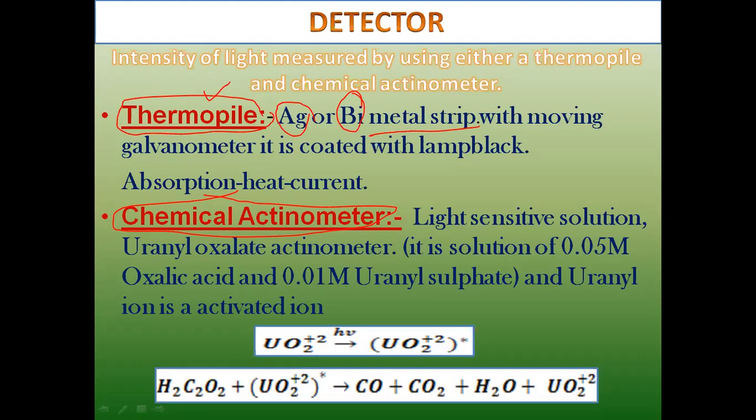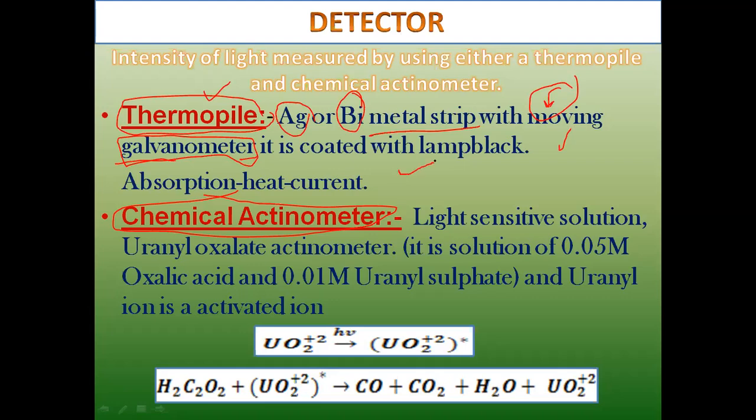The temperature goes on increasing, and due to the heat, it is converted into current, which can be measured by the galvanometer. In this way, by measuring current, you can find out how much light falls on it, how much light is used by the reactant, meaning you can find out the quanta.